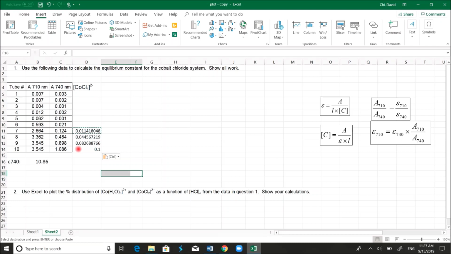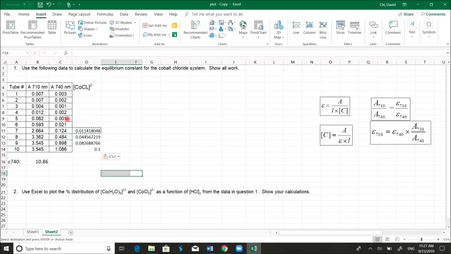Now, what about test tubes 1 to 6? You can see that the absorbance at 710 is much stronger than the values from 740. Because they are larger, these values are more reliable than 740.